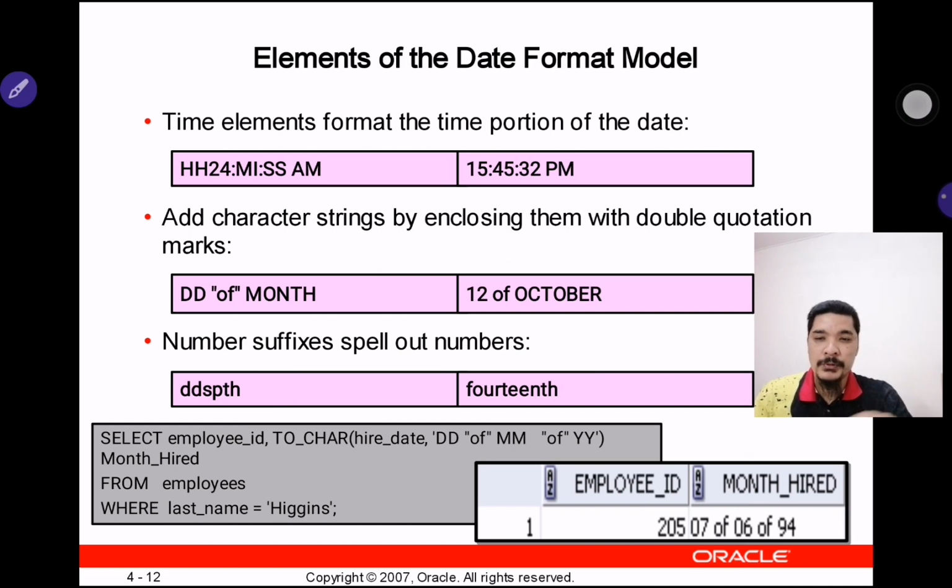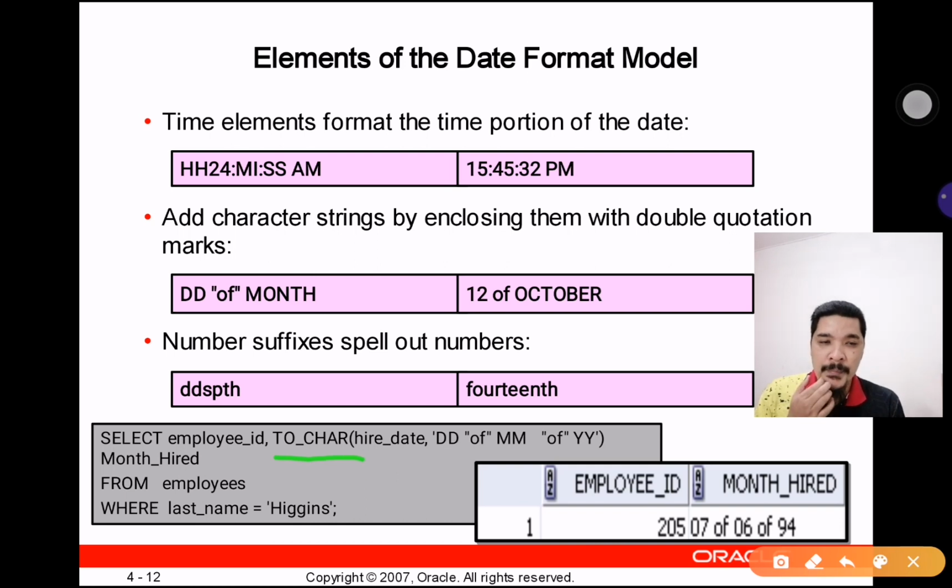Let's look into the example here: select employee ID, TO_CHAR. How to read? Number one, this is our column name, hire date. We know the data type for hire date is date.